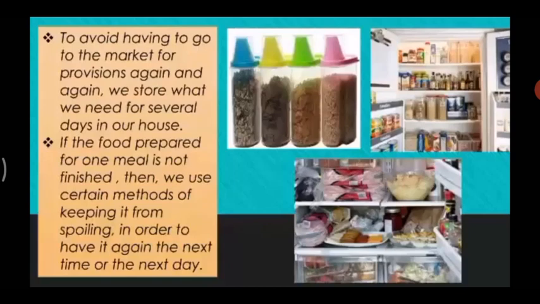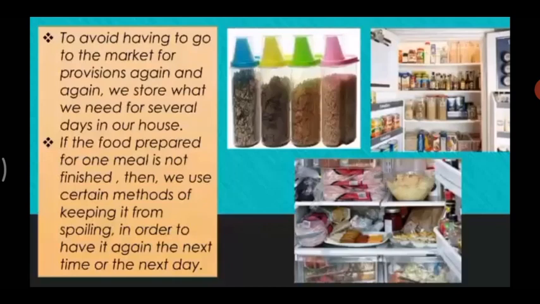These things can be stored and preserved properly in the house, and then used for several days. If the food prepared for one meal is not used at once and is left, there are certain methods where you can preserve this food and keep it safely for the next day.